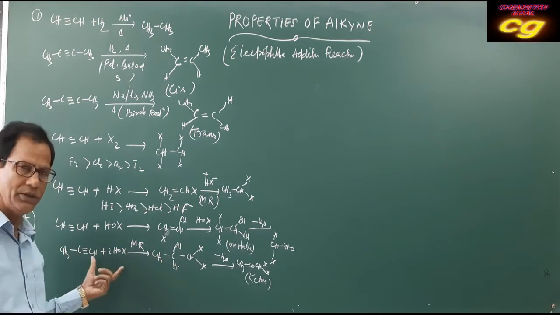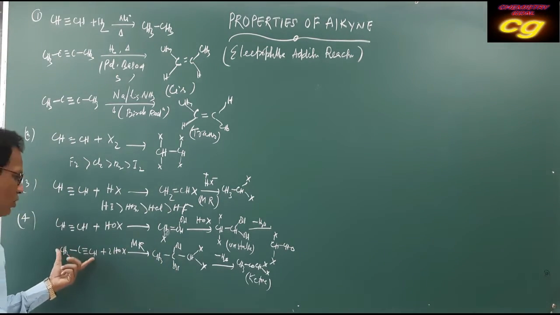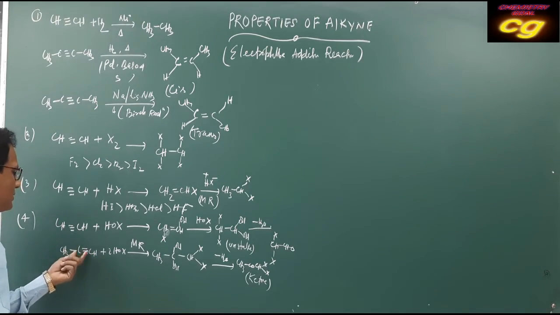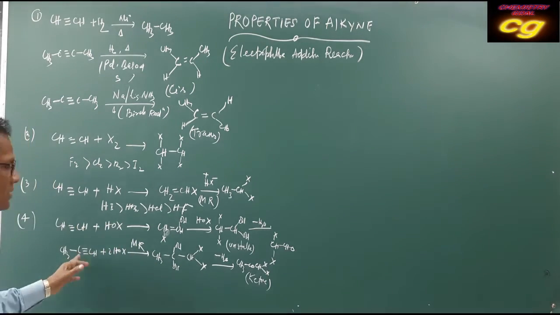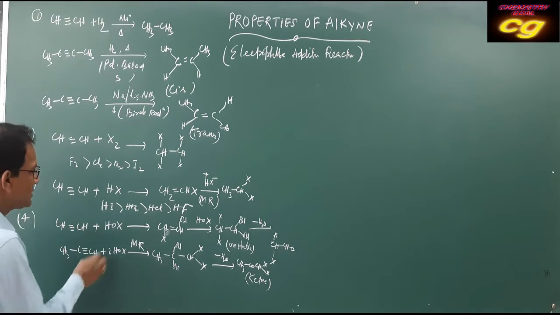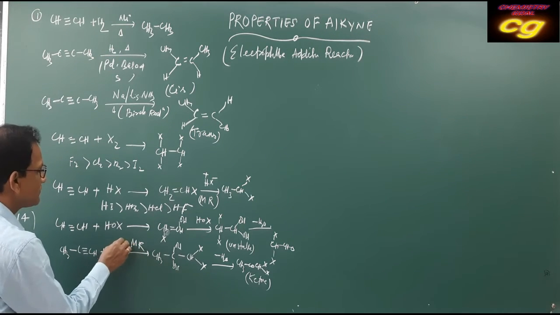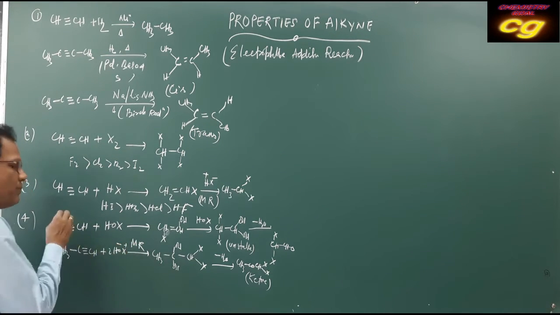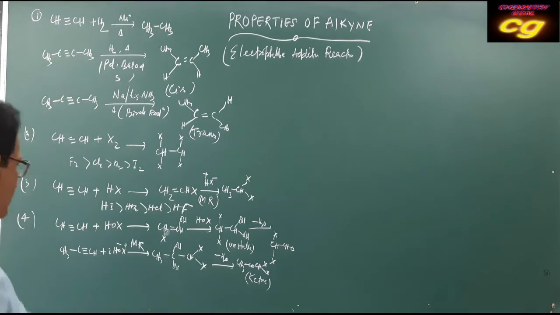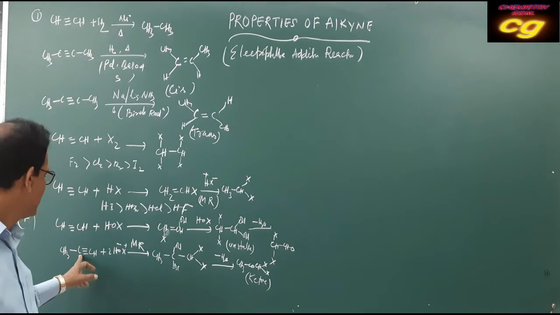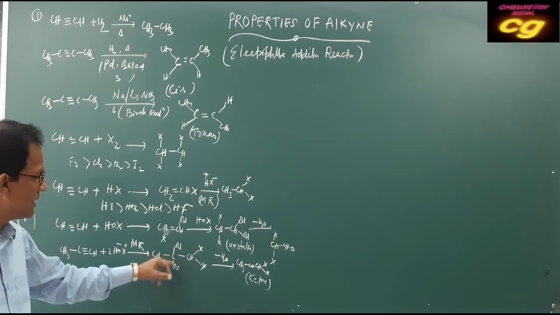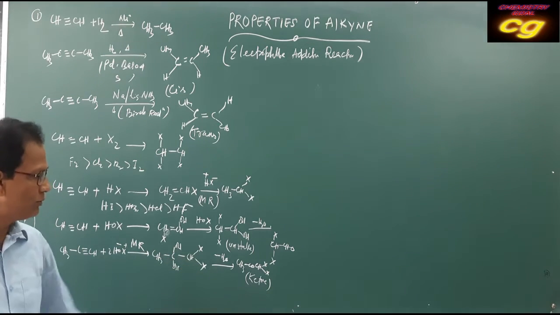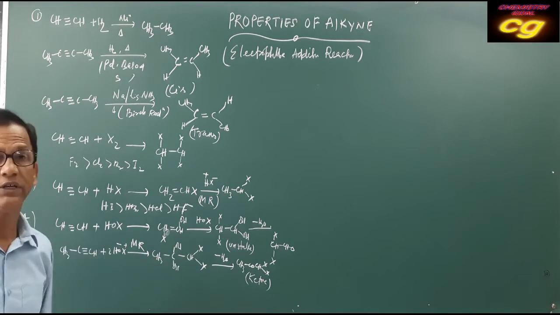If the alkyne is a long chain alkyne, then the OH group is always attached to the carbon having fewer hydrogens, because in HOX, this is minus and this is plus. So the negative OH group attaches to the carbon having fewer hydrogens. As two molecules add to the same carbon, the result will be loss of a water molecule, and the result will be ketone.